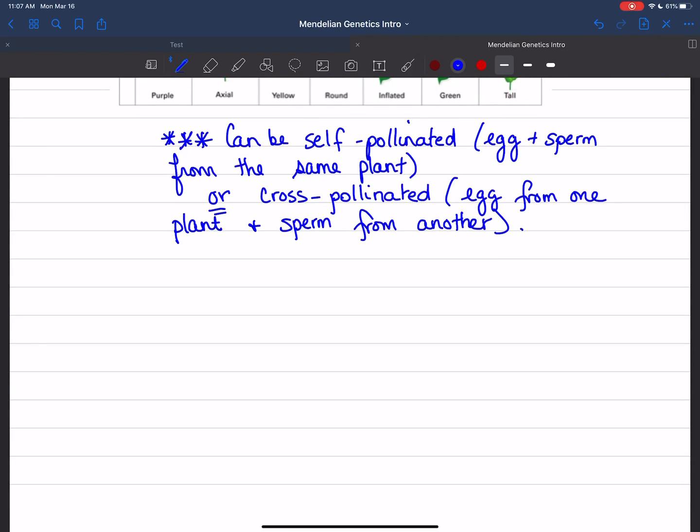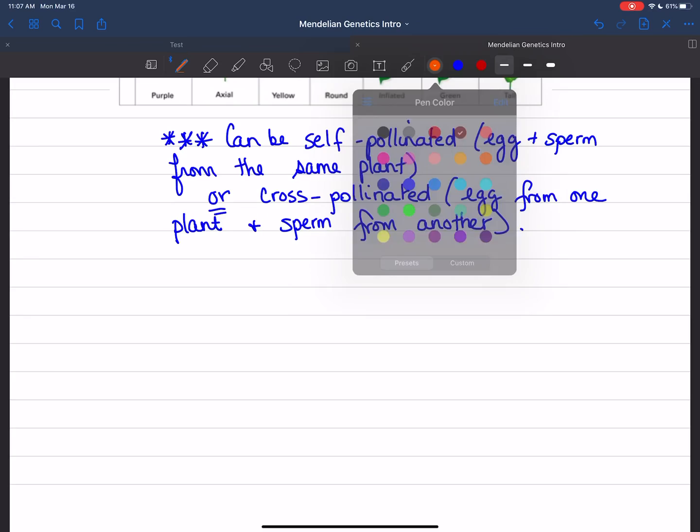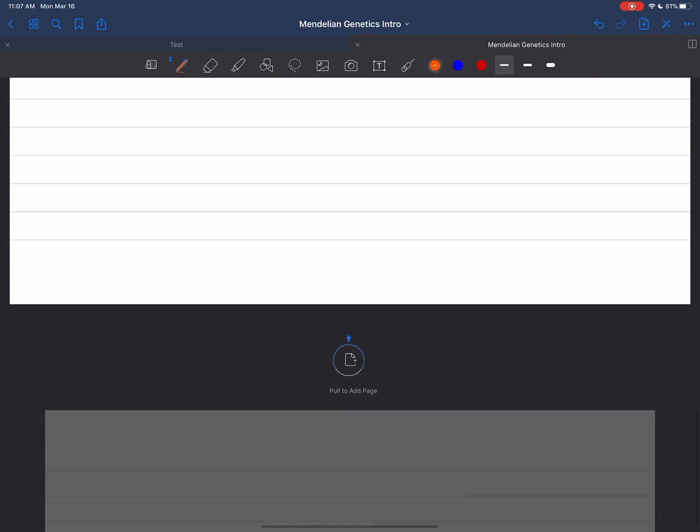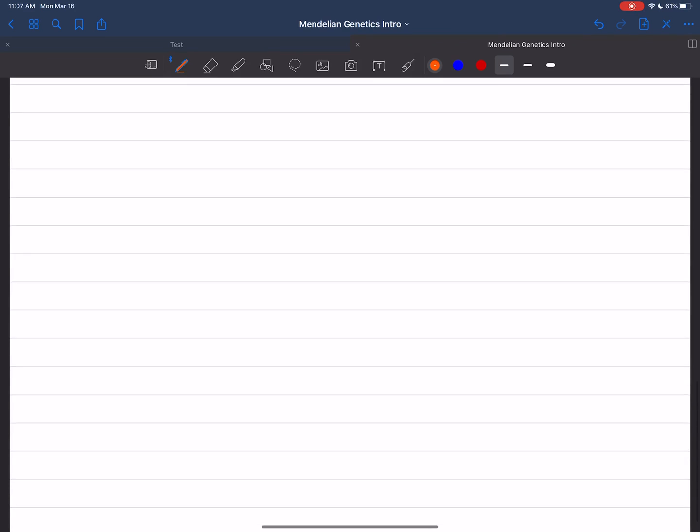By using these pea plants, he ended up establishing the basic principles of heredity. Okay. So we're going to see what those basic principles are by looking at Mendel's process.